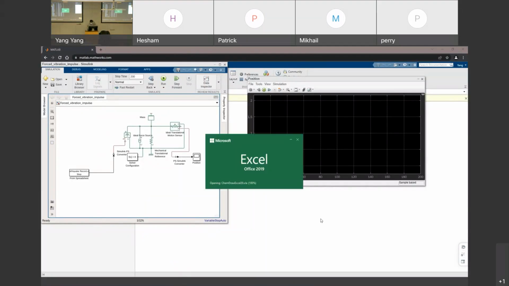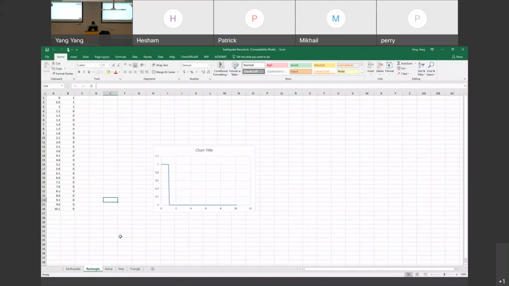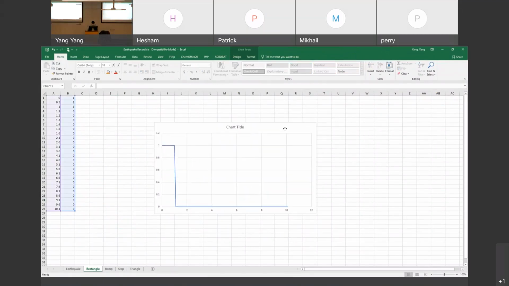Now the input is not a sine wave, so I have to make some unique ones. In this case, this is a rectangular shape. From 0 to 1, the force is equal to 1. From 1 to 10, the force is 0.